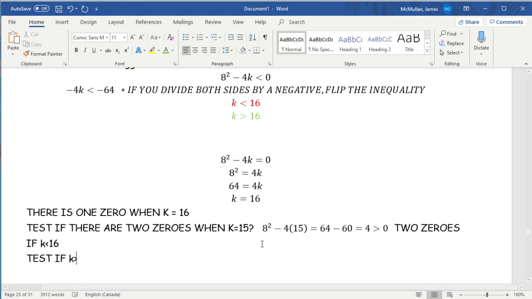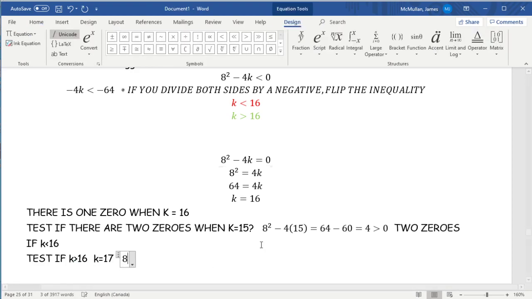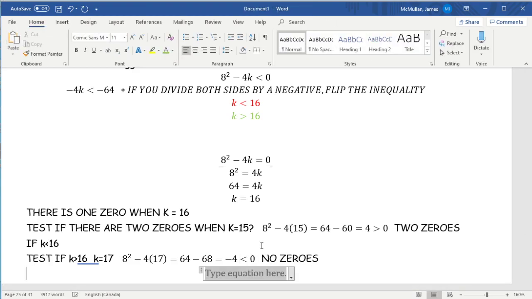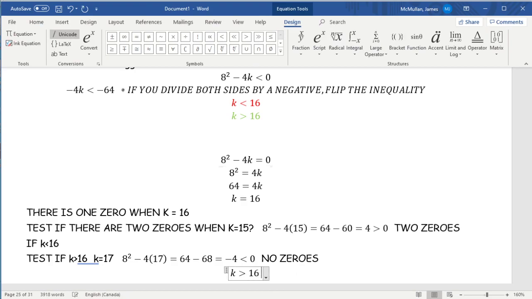Now test if k is greater than 16. Let's say k equals 17. We get 8 squared minus 4 times 17, which is 64 minus 68, which is negative 4, which is less than 0, and there are therefore no zeros. Therefore, k greater than 16 will produce no zeros.